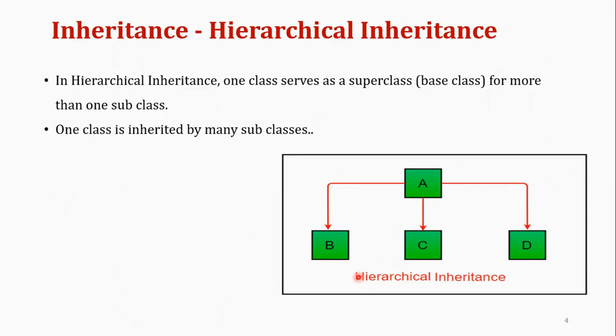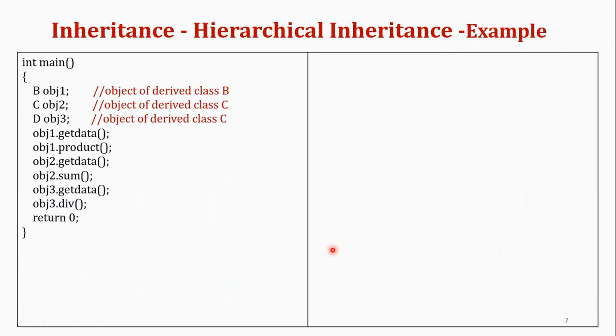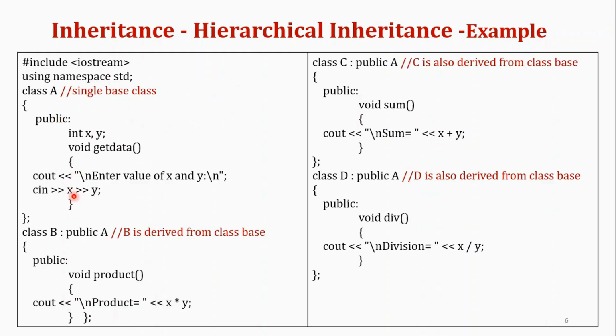So I am supposed to create three objects, one each for class B, class C, and class D, to call their member functions. Getdata is from the base class, inherited by class B, class C, and class D. Product is available in class B, sum in class C, and division in class D. In class B the function is product, class C function is sum, class D function is division.